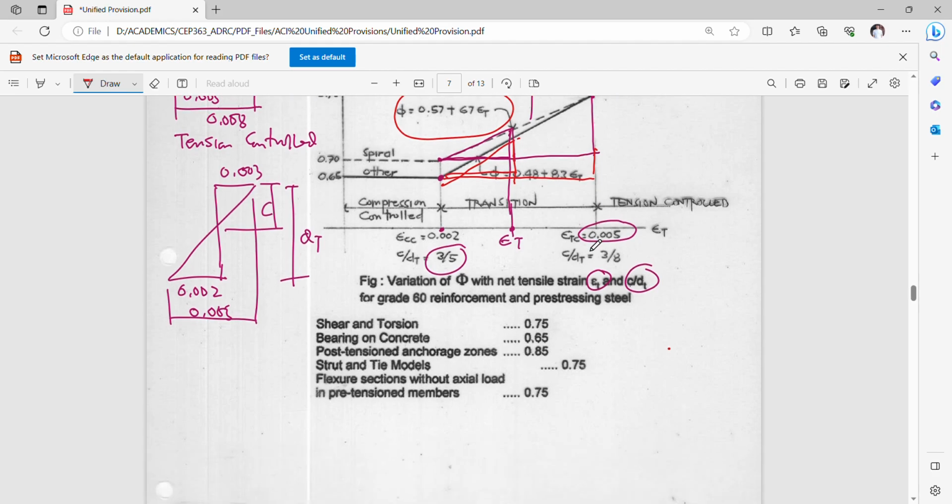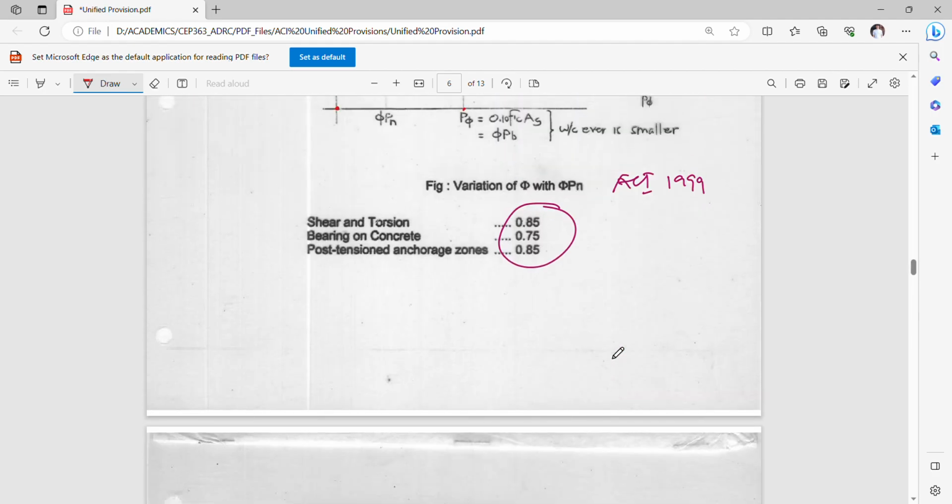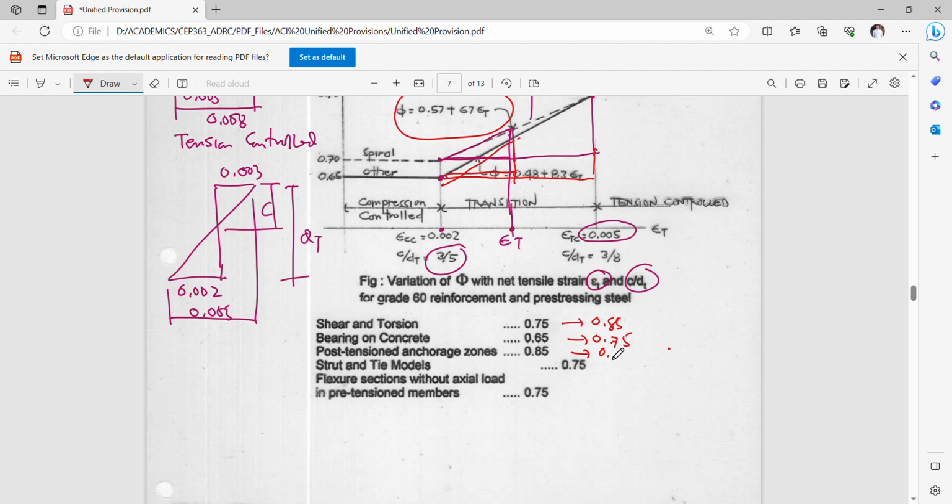So your shear and torsion, bearing on concrete, and post-tension are a little bit different. A while ago, this is 0.85, this is 0.75, and this is, I think, around the same as 0.85 in the 1999 code.